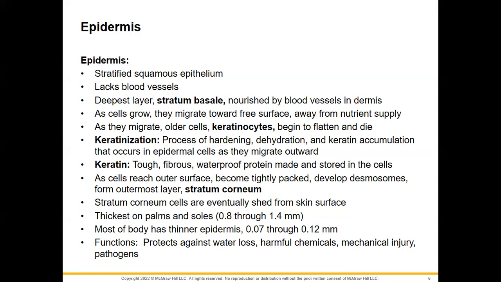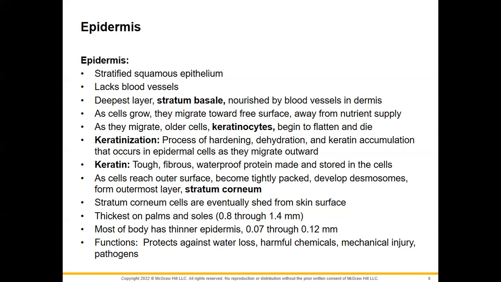As the cells reach the outer surface, they become tightly packed. They develop desmosomes. Remember, desmosomes are those spot welds. And they form the outermost layer of the epidermis, and that's the stratum corneum. So the deepest layer of the epidermis is the stratum basale.